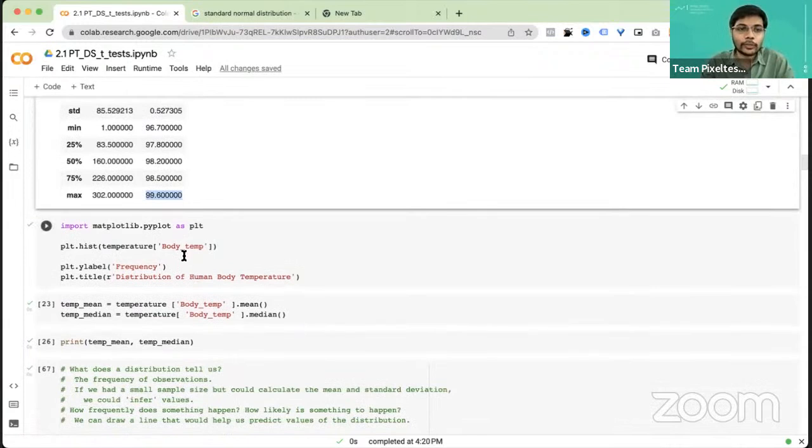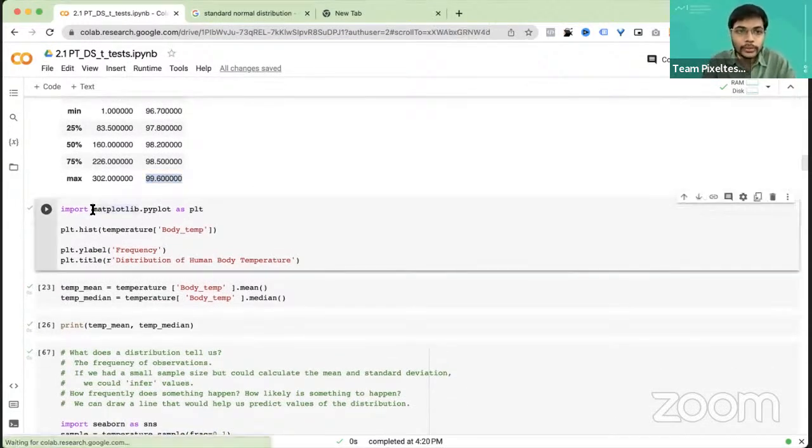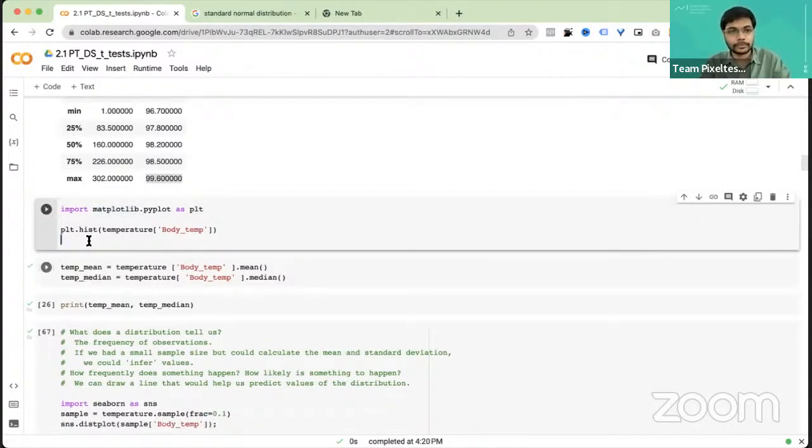Now, we know that this particular module, matplotlib, is also useful like Seaborn, which will help us plot graphs. So here, first I am going to plot.